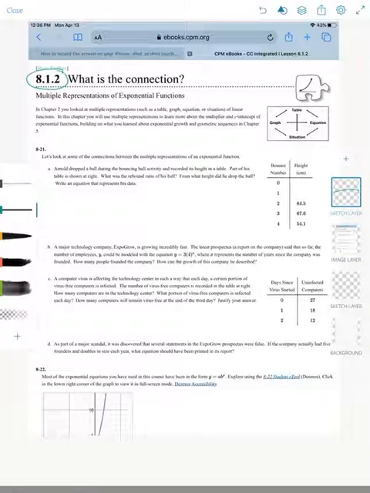So you're on section 8.1.2, and just as a review, exponential functions are in the form of y equals a times b to the x power. A is the starting value.